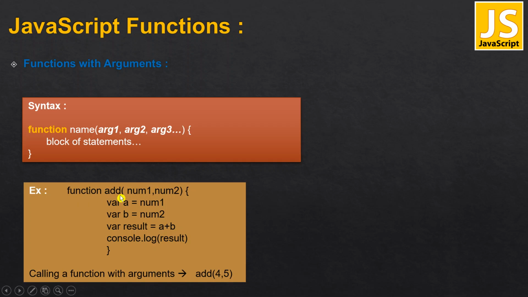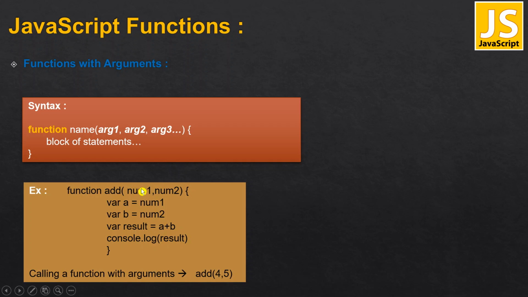Function add, parenthesis open. This time I am defining num1 and num2. That means number 1 and number 2. So at the time of calling this add function, it prompts the user to give their own numbers.